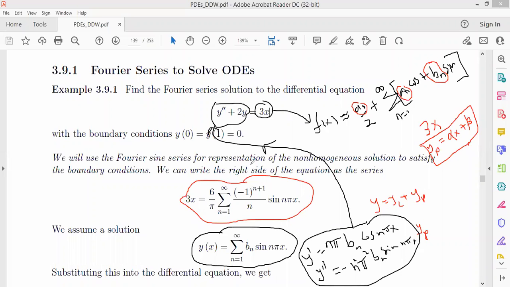And for you to verify this, you must get a certain y that you'll differentiate twice, throw it in here, and you get that one there. So since the Fourier series expansion of 3x is this term here, then it suffices to conclude that the y that will be substituted into the left-hand side would take this form. That is a logical interpretation. Okay, so we can now go ahead.